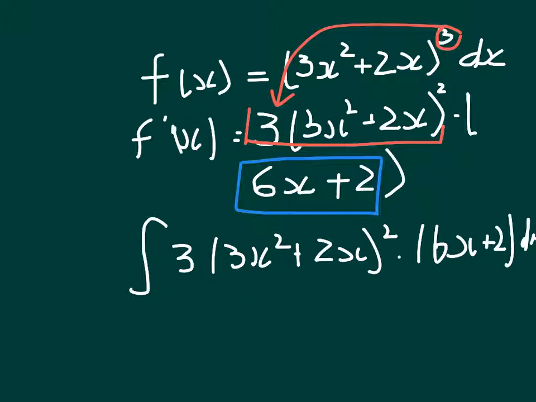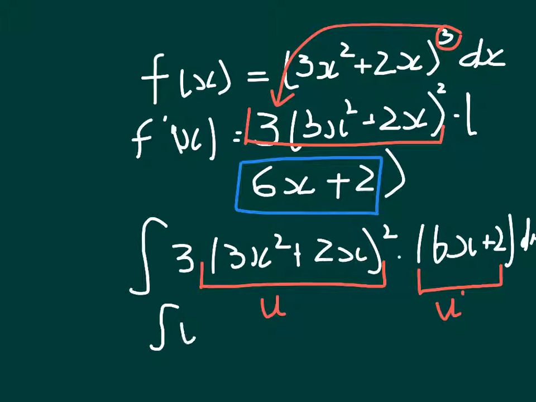So to make it easier for us, we're basically going to say this whole part that I have here, I call u, and this part here is u prime, right? So the derivative of u. So what this looks like now is we're going to have the integral of u du dx, right? Because we still need to remind ourselves, ultimately what we're doing is we're integrating in terms of x, and so we need to make sure we include that.